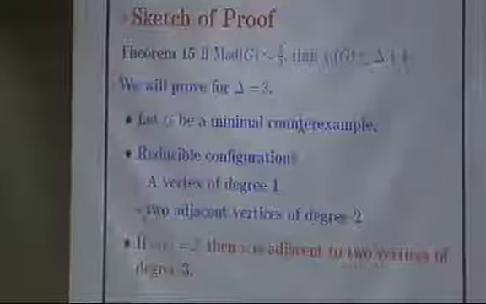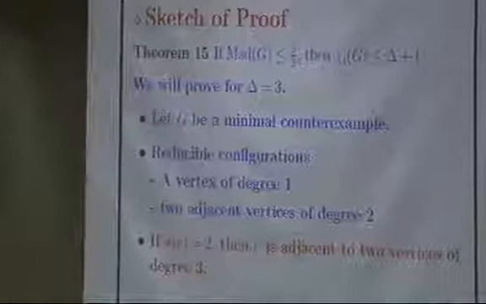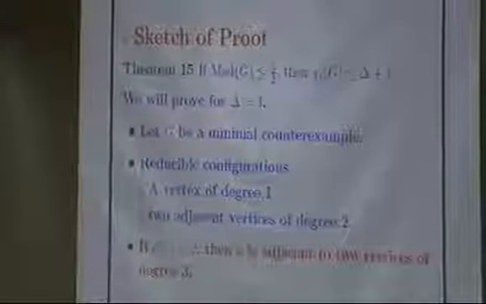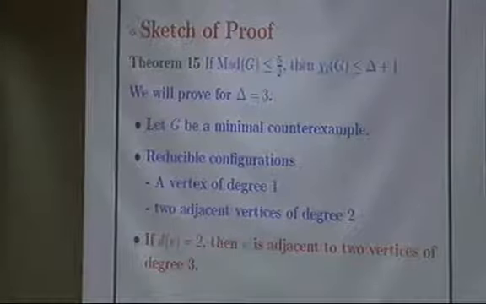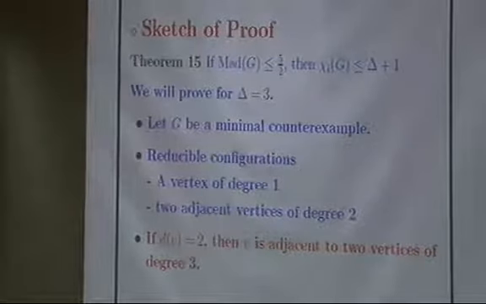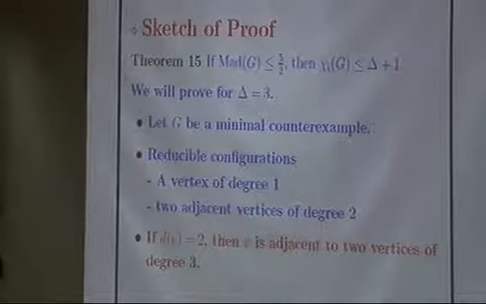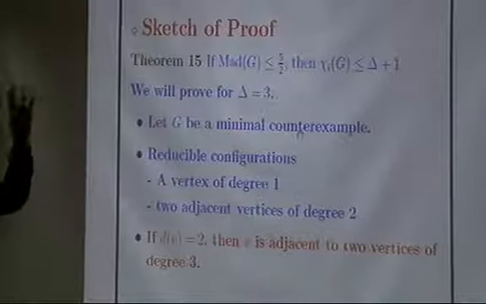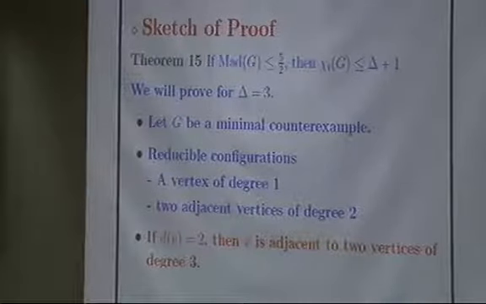We always start with a minimal counterexample. Here minimal means every proper subgraph satisfies the condition, but that graph does not satisfy. I mean, if the theorem is not true, then there is some bad example, bad graph, right?